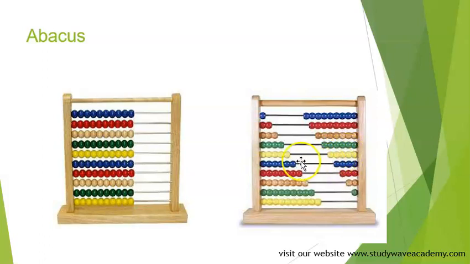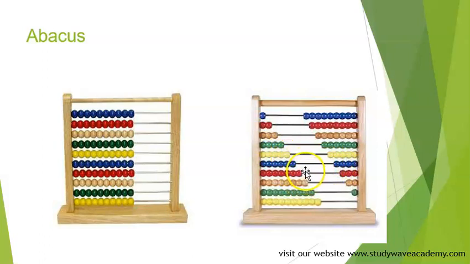Now we want to count 6. You move 6 beads from the other side. So here we have 1, 2, 3, 4, 5, 6. We counted 6 beads out of the other beads. We do the same if we want to count 7 beads.